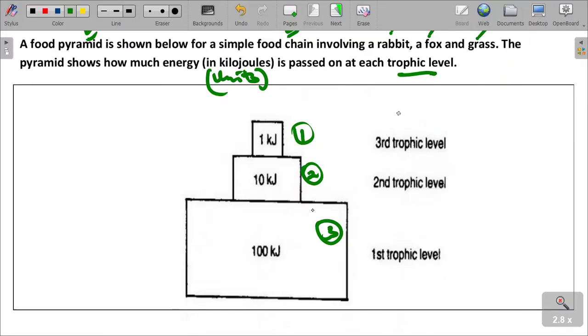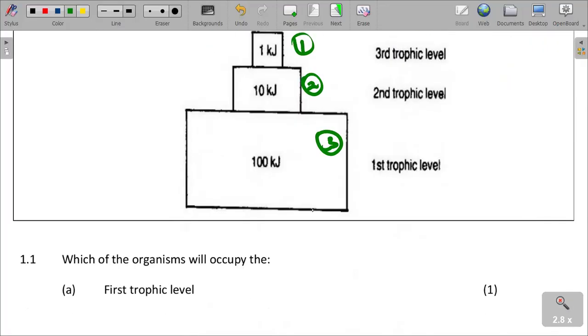So now what we need to understand are the questions that follow. The question is saying which of the organisms will occupy the first trophic level. What I said last time is that these questions, class, are the commonest ones that we always find, and there is no way you can find yourself writing questions and not be able to get questions arising from this.